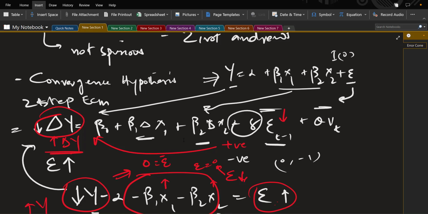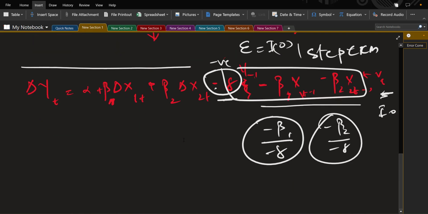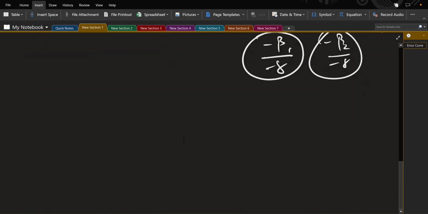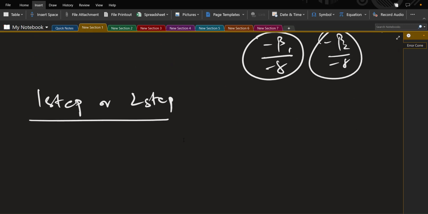And if it is not valid, let's suppose you have estimated the one-step or two-step ECM, what are the issues that can occur? It can still have autocorrelation. It will be shown using Durbin-Watson, but the problem is Durbin-Watson only looks at first-order autocorrelation, so it is not reliable to use Durbin-Watson in the ECM equation.